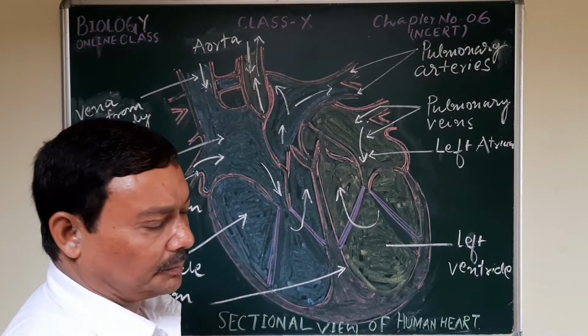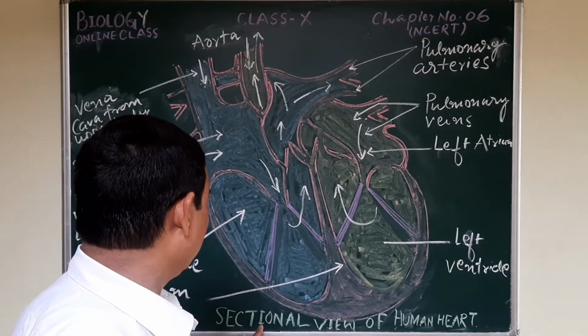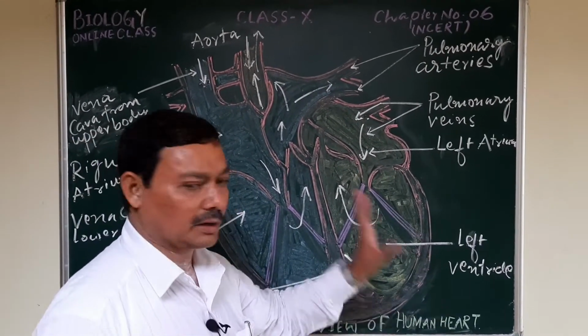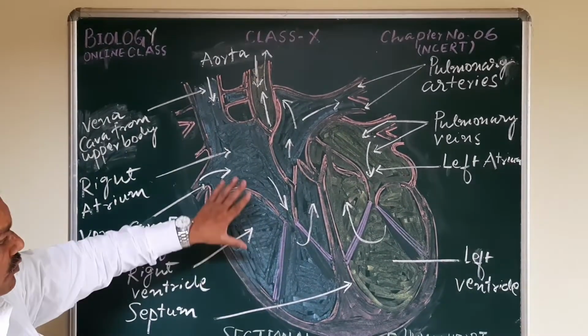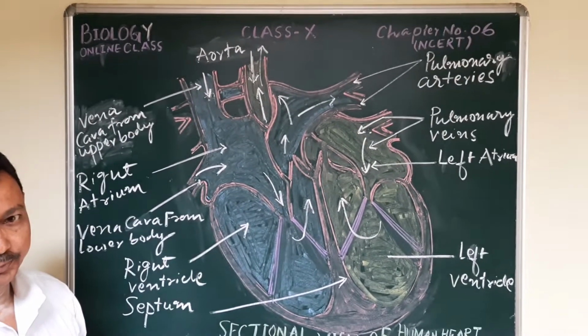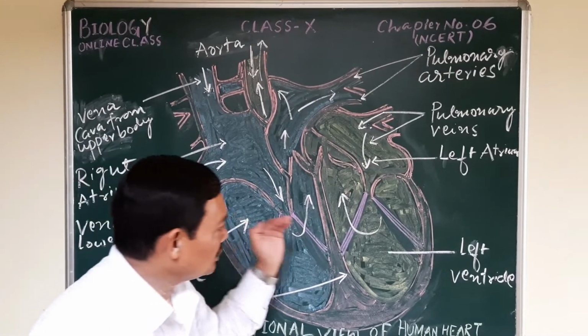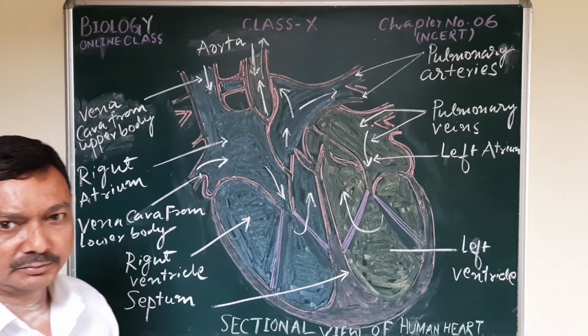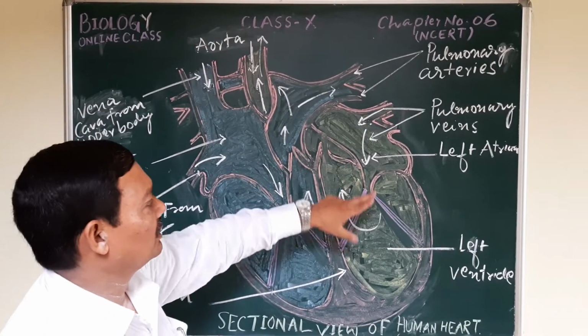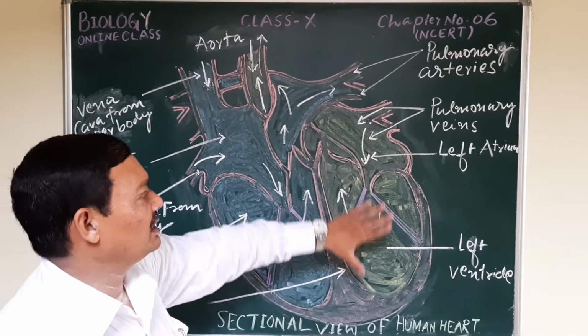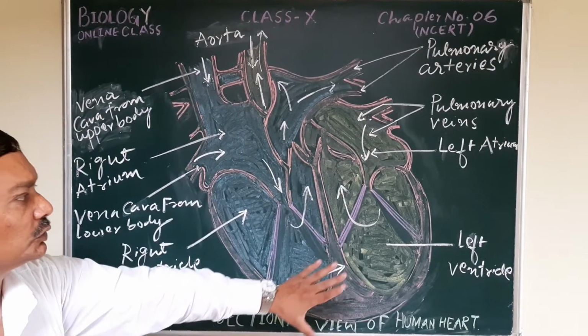Look at this diagram. This is the sectional view of the human heart. From this diagram, we should explain how the blood will circulate through the heart.